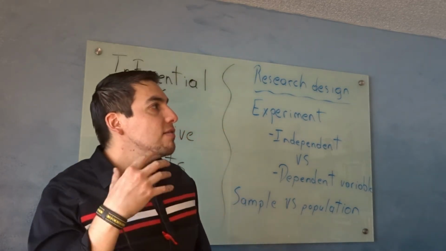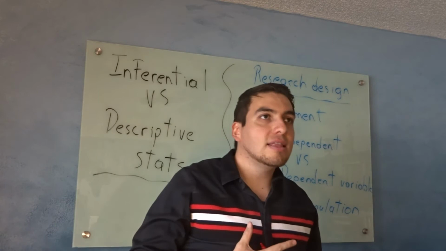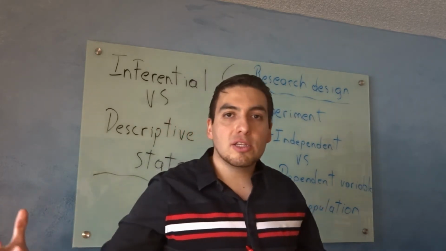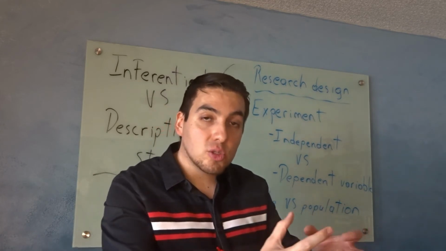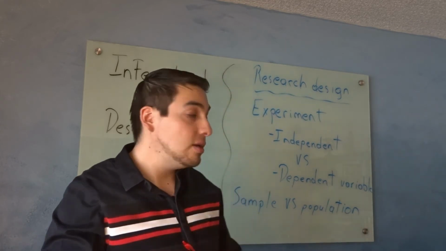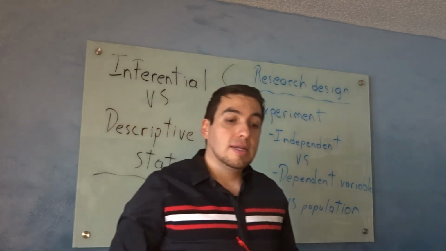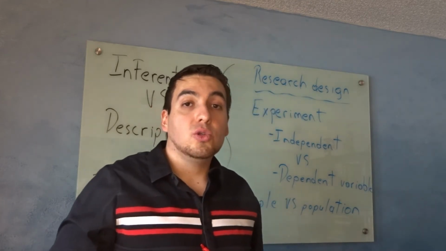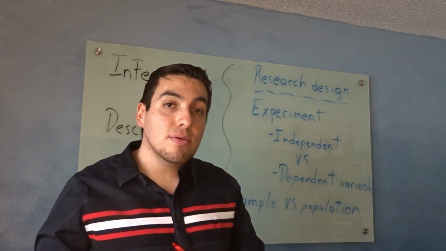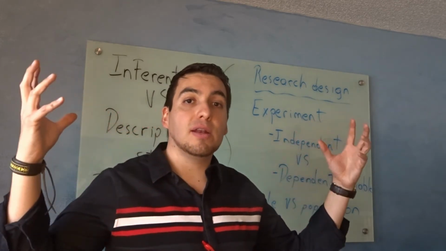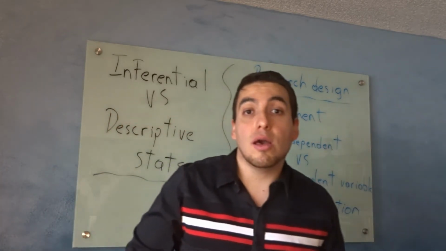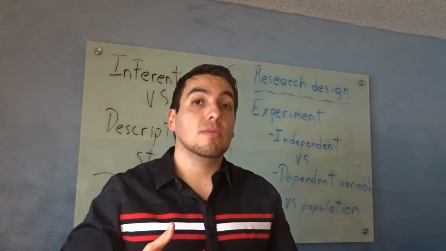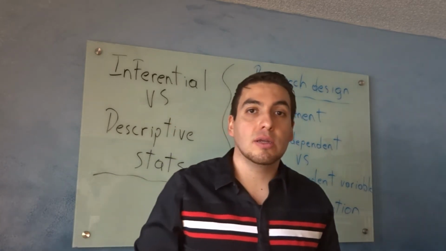If I want to establish a study and I cannot realistically take the whole population to study, what you do in the sciences is get a small group within the population, which is your sample, and the idea is that what you try to understand in the sample, you try to generalize to the population. Say that I'm trying to create a new type of therapy that will help people experiencing depression.